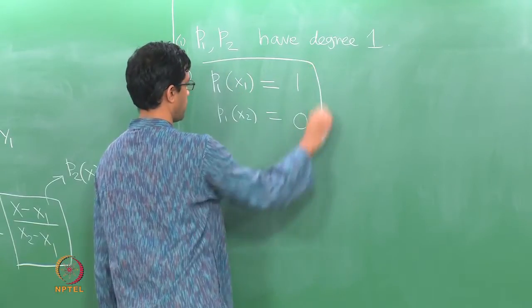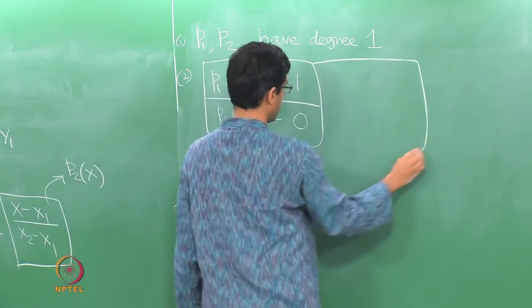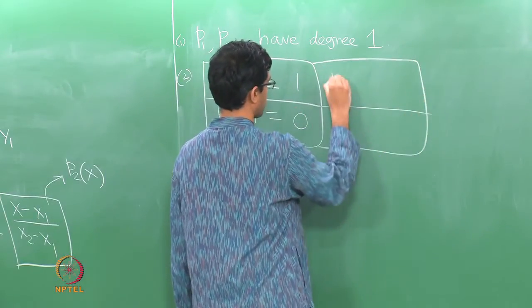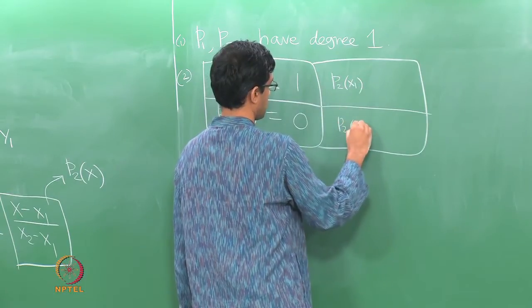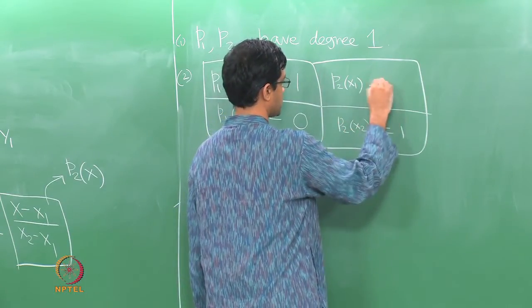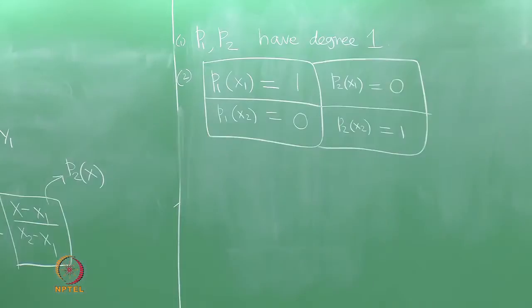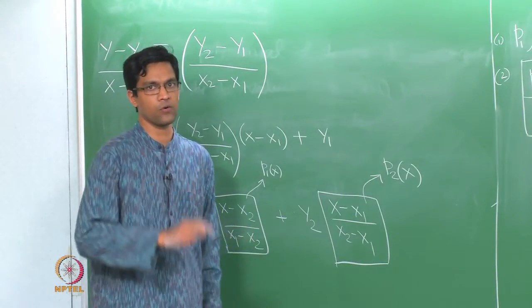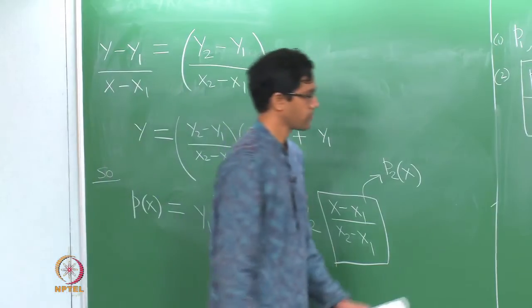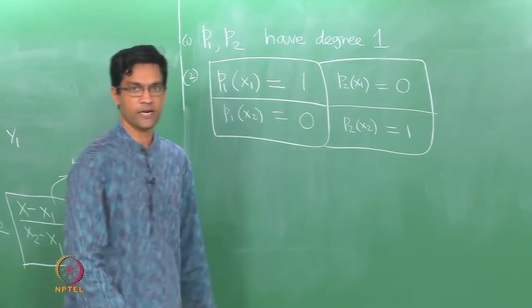Okay, so this is what p1 is, and if you try the same thing with p2, it is the opposite: it is 1 on x2 and 0 on x1. So you have these two polynomials which have these two nice properties, that they are 1 and 0 on x1 and x2. That suggests a general way of attacking this problem.